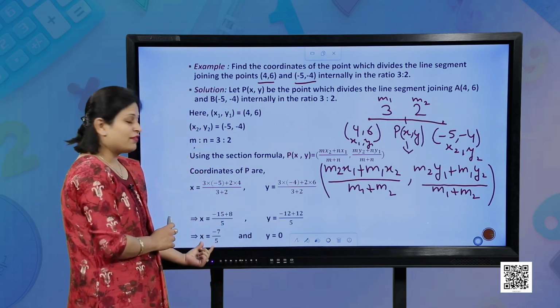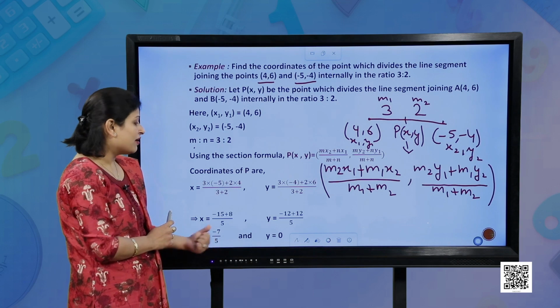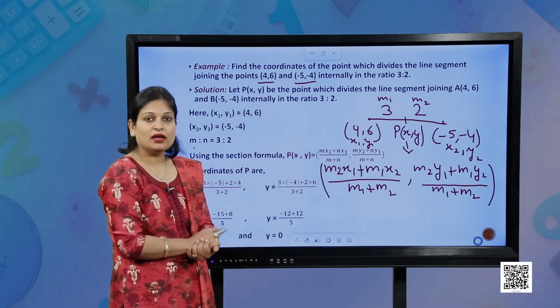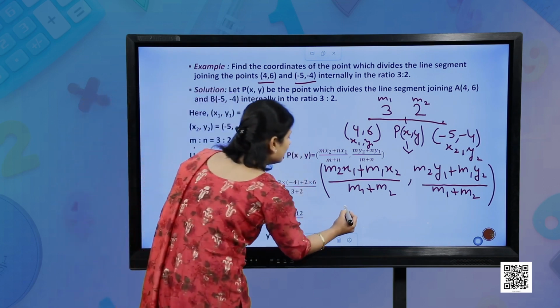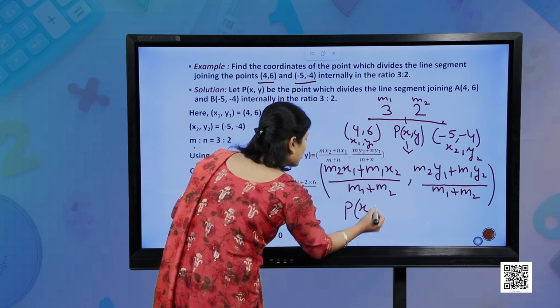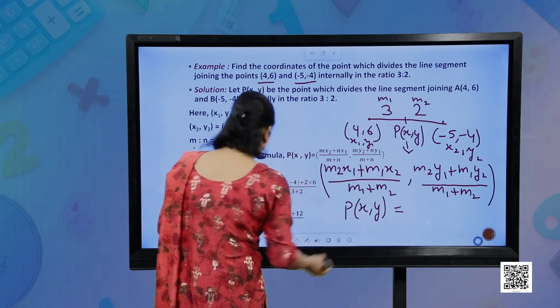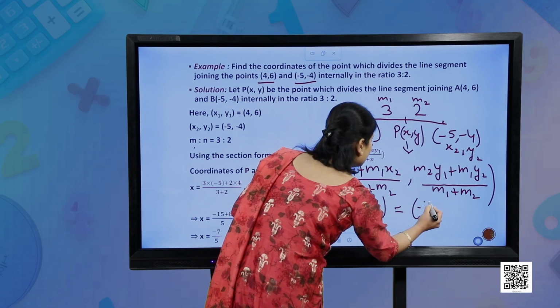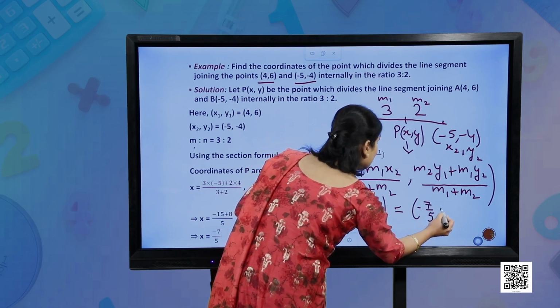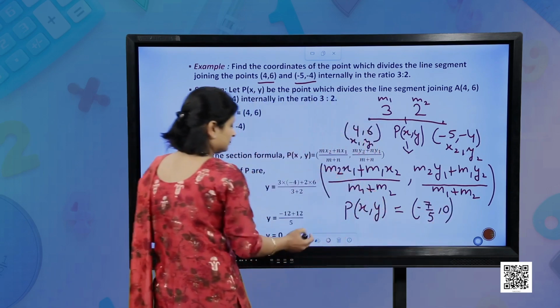So, the value of x will be -7/5 and the value of y will be 0. So, the point P(x, y) will be (-7/5, 0).